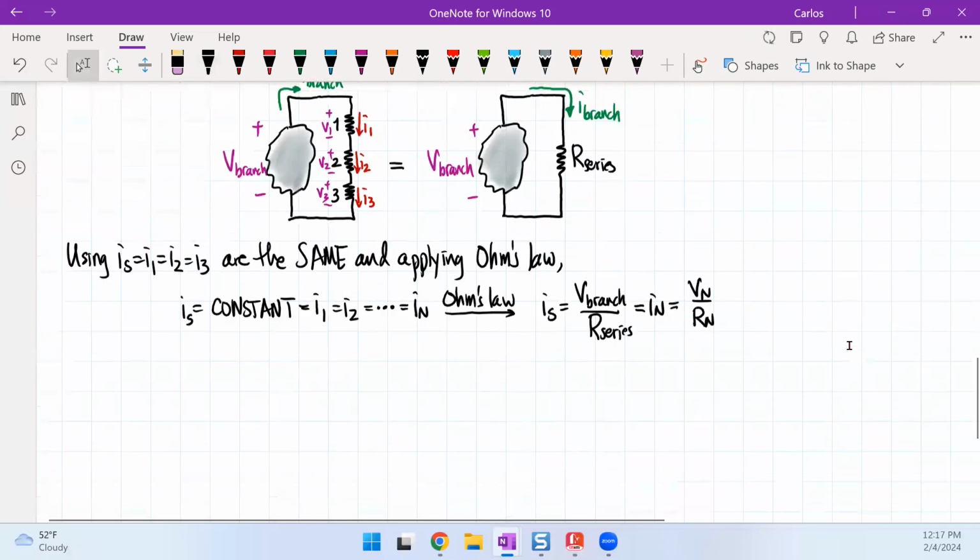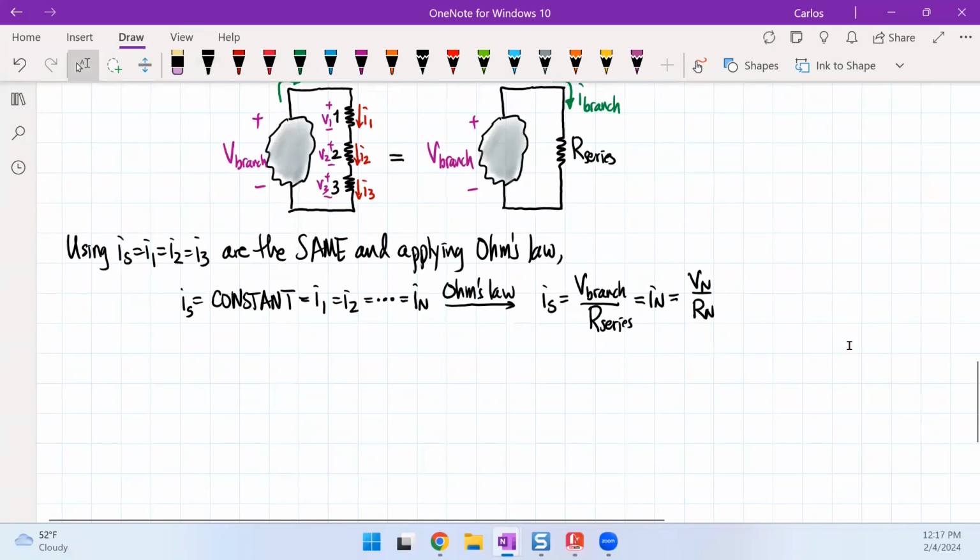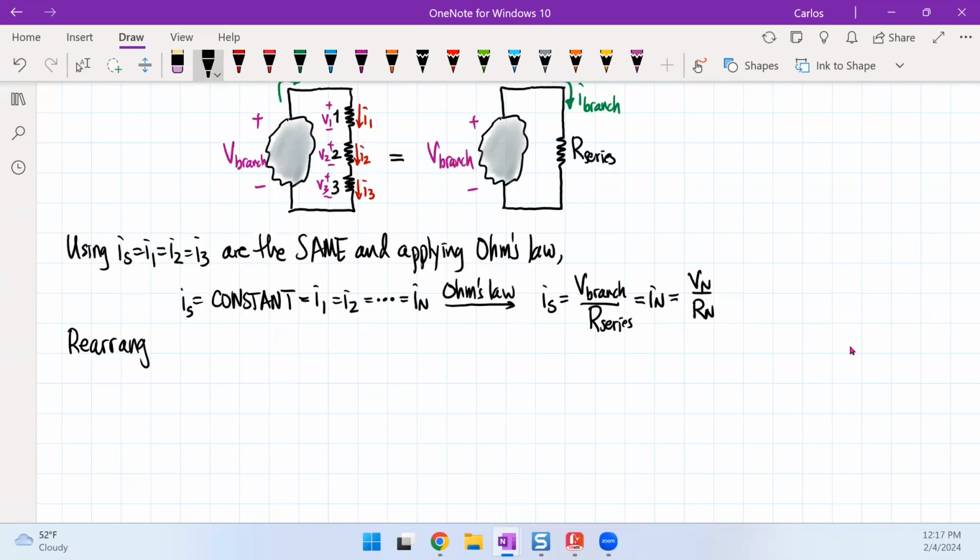So now if I rearrange only the voltages, here's where we end up. We find out that Vn is the same as Rn divided by R series times V branch.